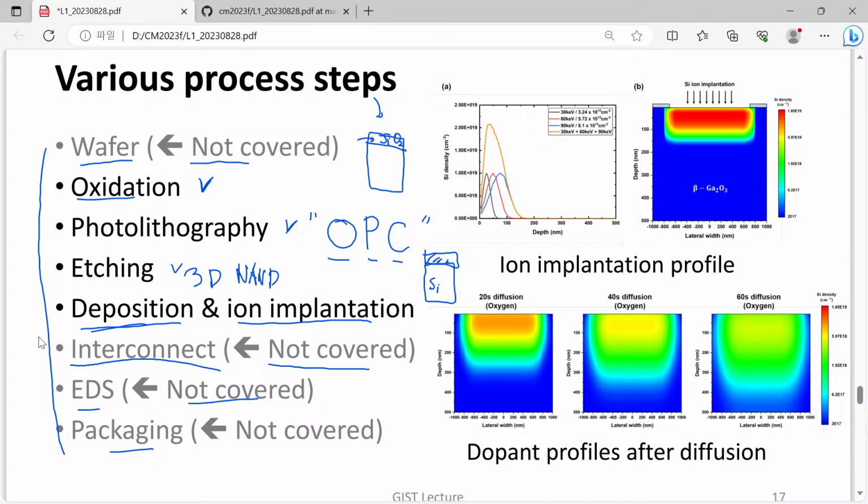However, usually these steps are regarded as back end of line. So back end of line is not covered in this one, although nowadays its importance is improving more and more.